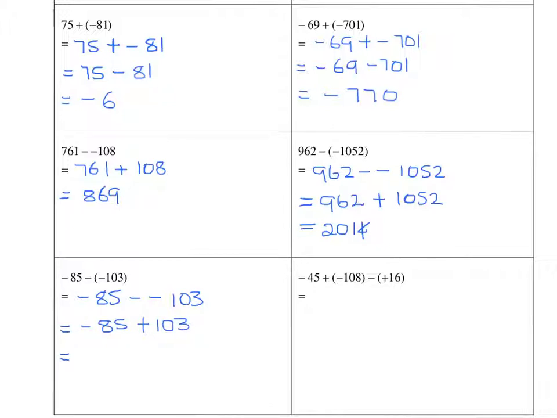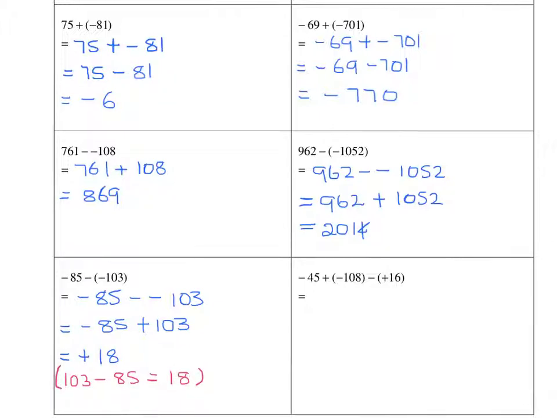And now the answer is in the sign of the larger number, and it's going to now also be the difference between the two numbers, which is 18. And remember that that could have actually been written as 103 subtract 85, which would have given you the same answer.